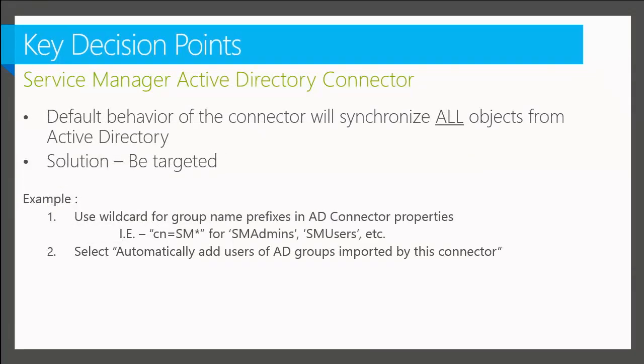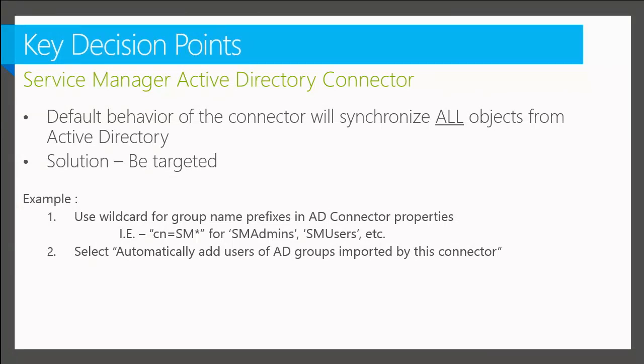The Active Directory connector, if you've not done this before, basically is going to import all of your Active Directory objects into Service Manager as configuration items so that you can do things like provide access to the service catalog and the clouds that you want your end users to be able to provision into.